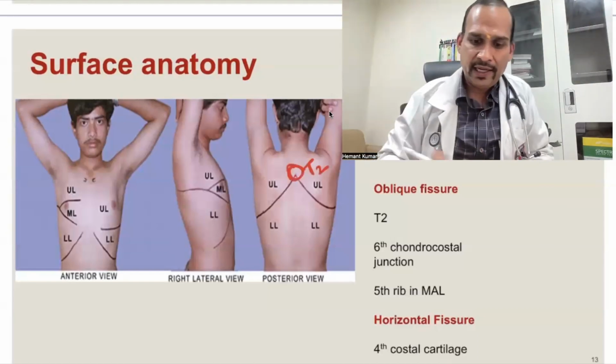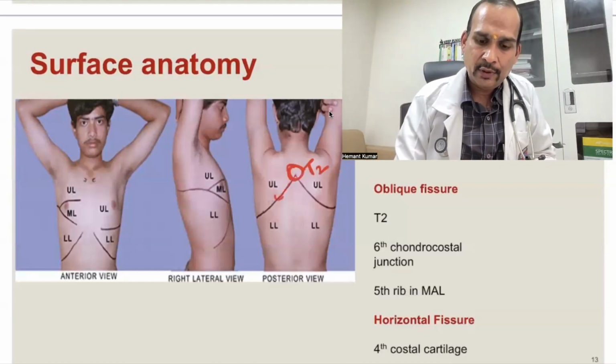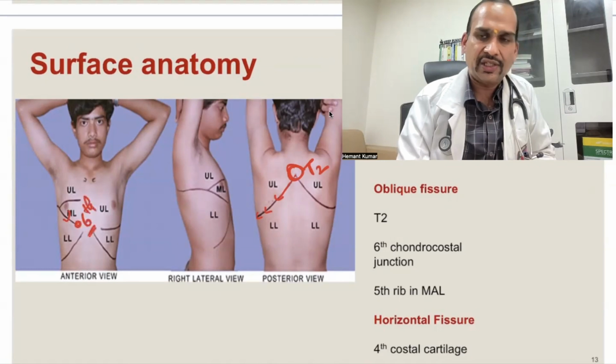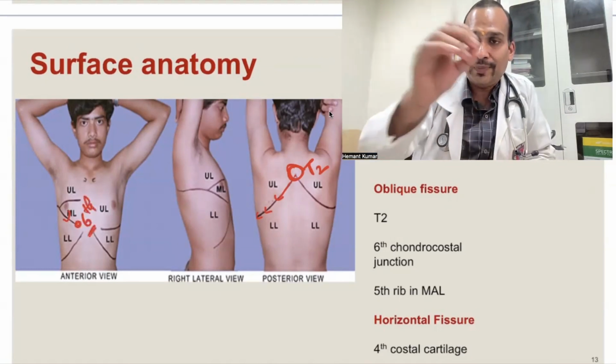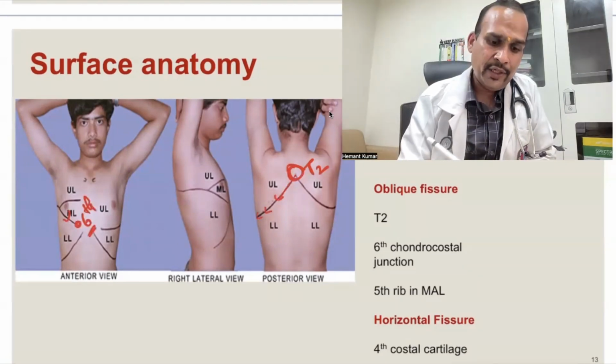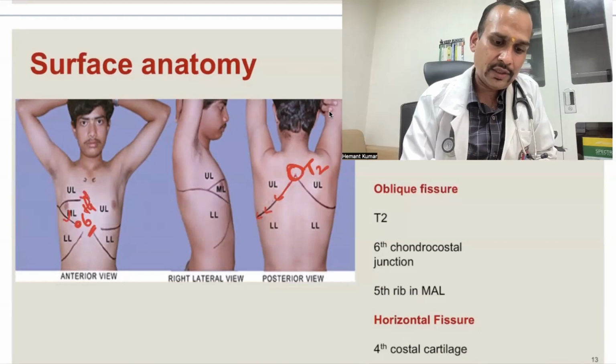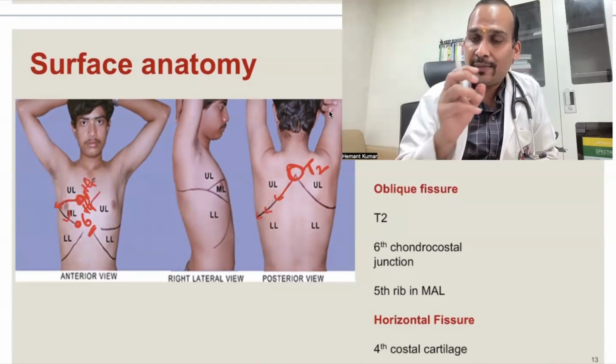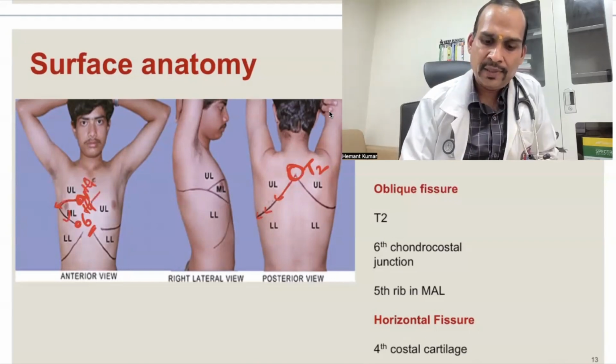Then draw a line just below the scapula, come anteriorly, and join the 6th costochondral junction. This is the major fissure. Another point you take from the fourth costochondral junction and join the major fissure in the line of the axilla. This is the minor fissure.